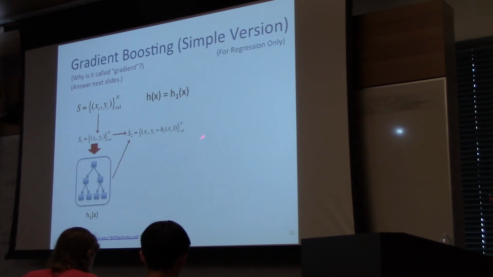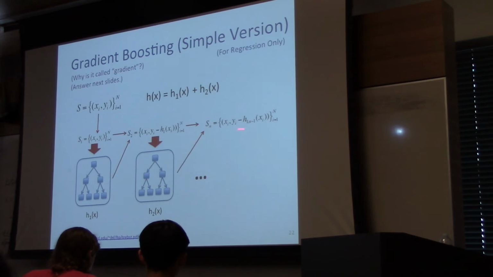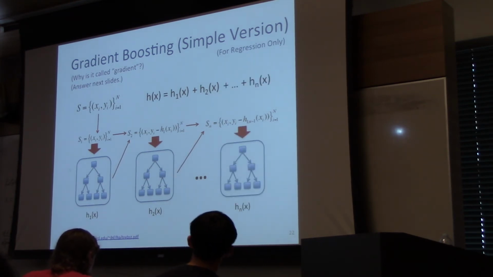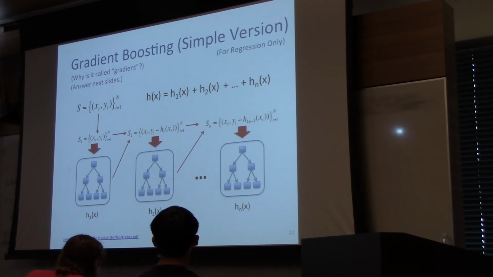We create a new training set where the labels are the residuals from the first tree, the deviation, the errors. Train another short shallow decision tree on the residual training set. And then keep creating new training sets on the residuals and training. So this method is called gradient boosting.